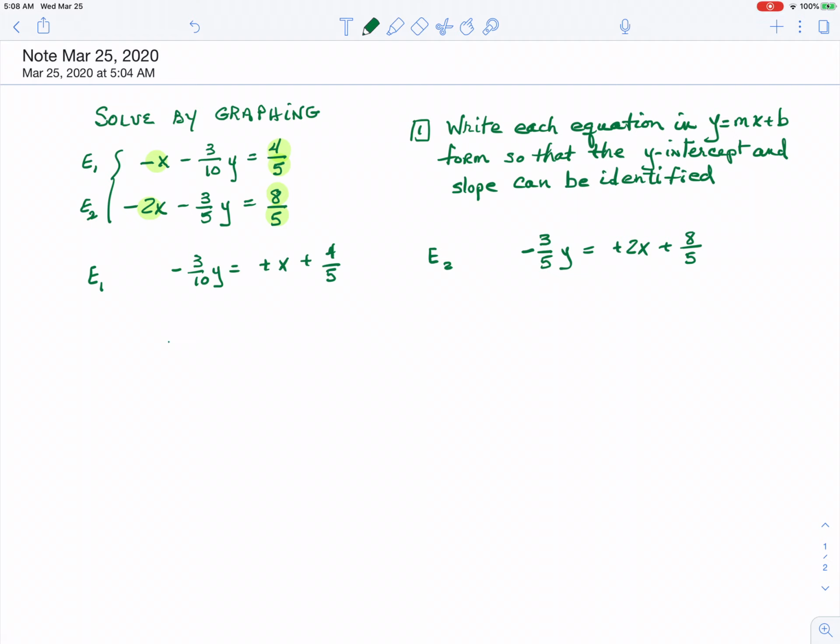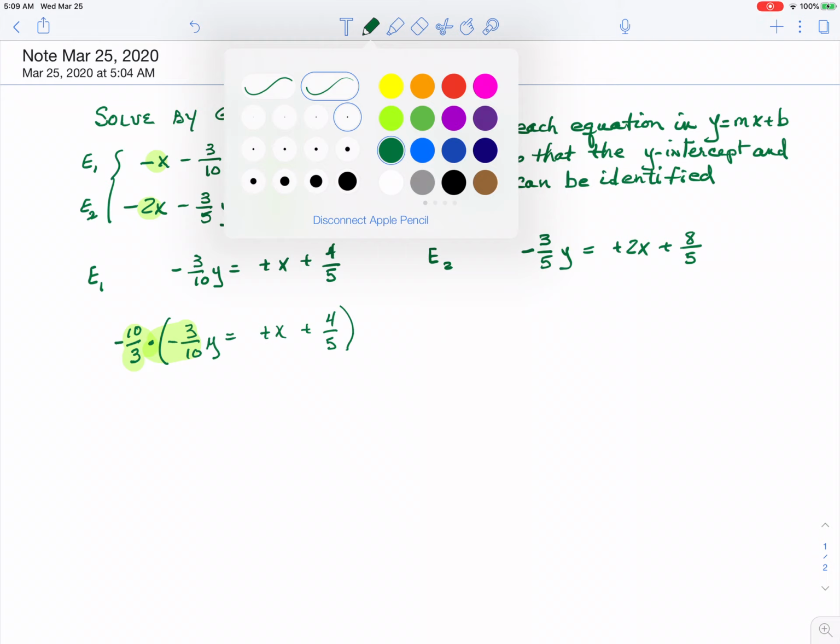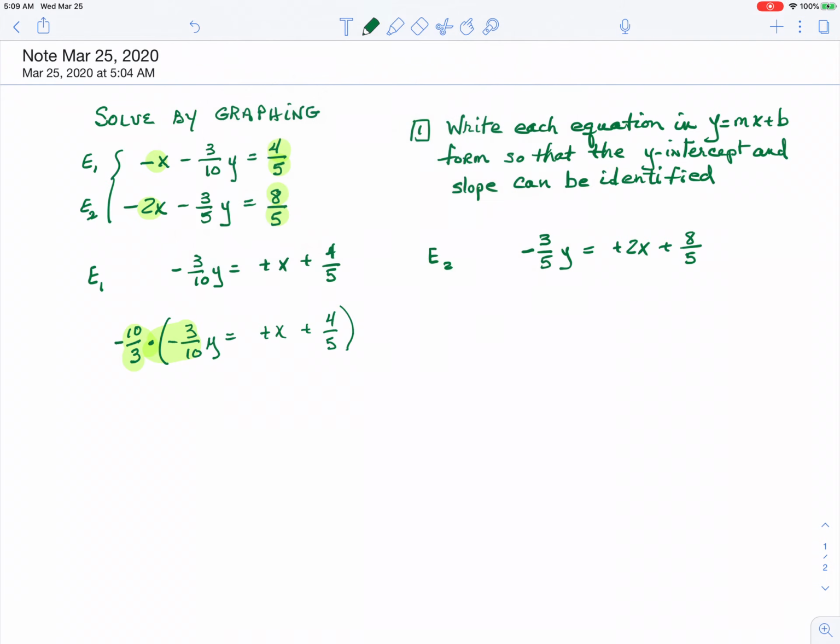So the way you want to go about isolating and getting a positive 1y in this spot is to take each term in this equation and multiply by the reciprocal of -3/10, because I'm trying to get a 1 in this spot right here. I want that coefficient on the y term to be 1. If I multiply by the reciprocal, I'm going to get a 1 in that spot.